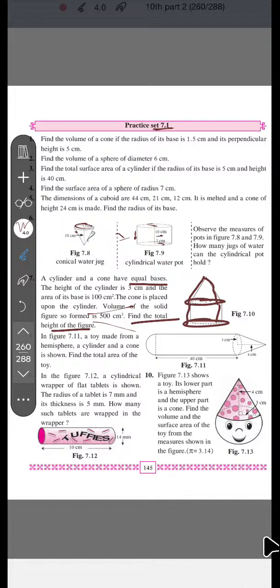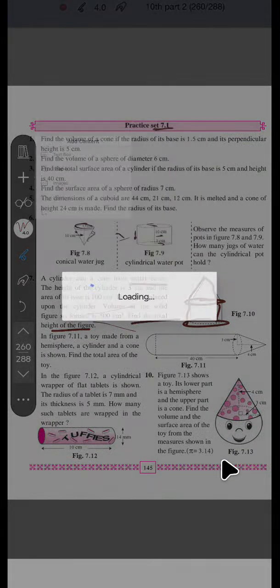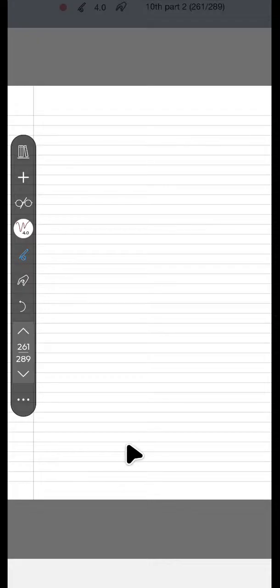Okay, so very first I will explain here the actual figure, or what they have said, the given information. See here they have given one cone. Generally we are observing or visualizing a cone like this one, but it is an inverted one, ulta.